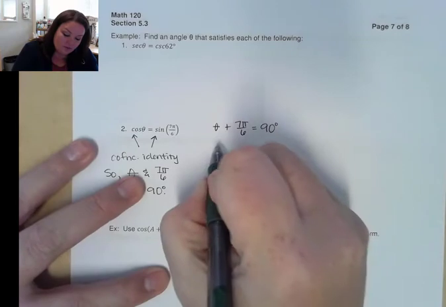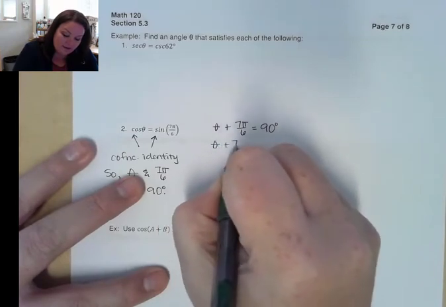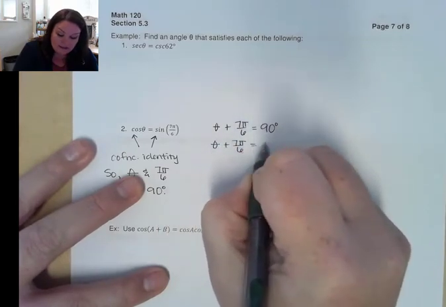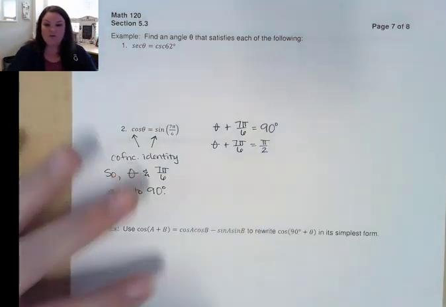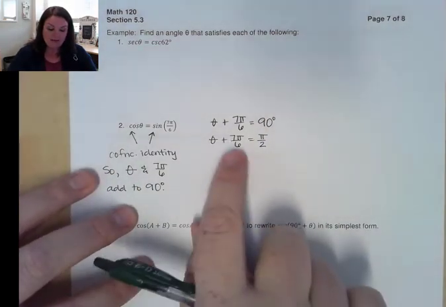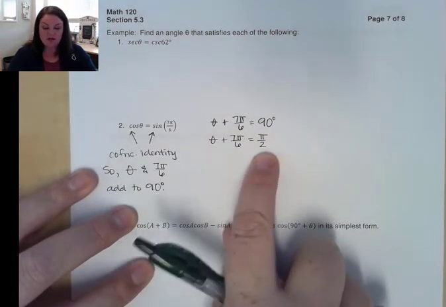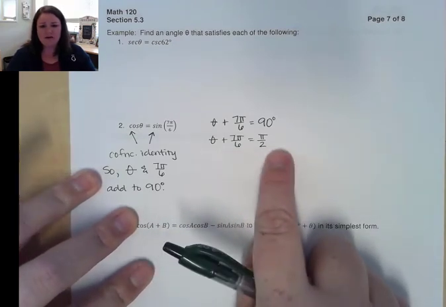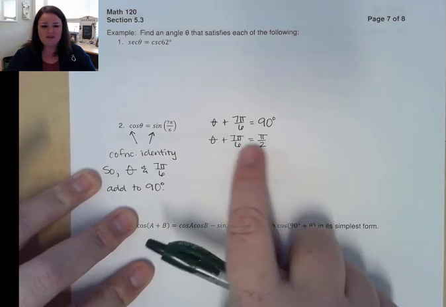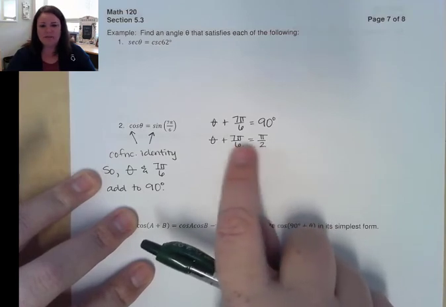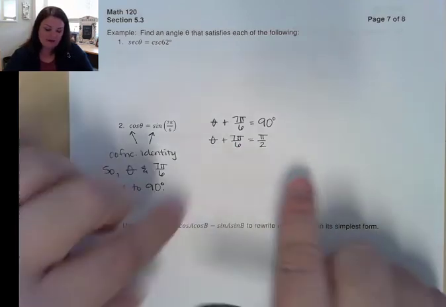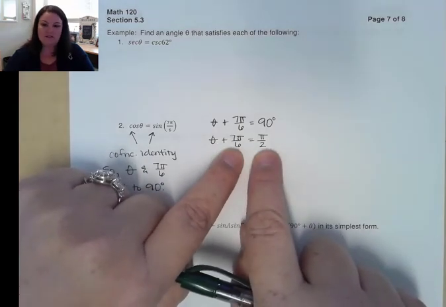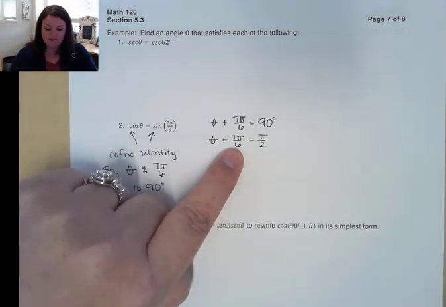So I'm going to rewrite this as theta plus 7 pi over 6 is equal to pi over 2. Okay, and now I can move my 7 pi over 6 over. When I move it over by subtracting, they need to have the same denominator, or I'm not going to be able to combine them, right? So my common denominator between 6 and 2 would have to be 6.